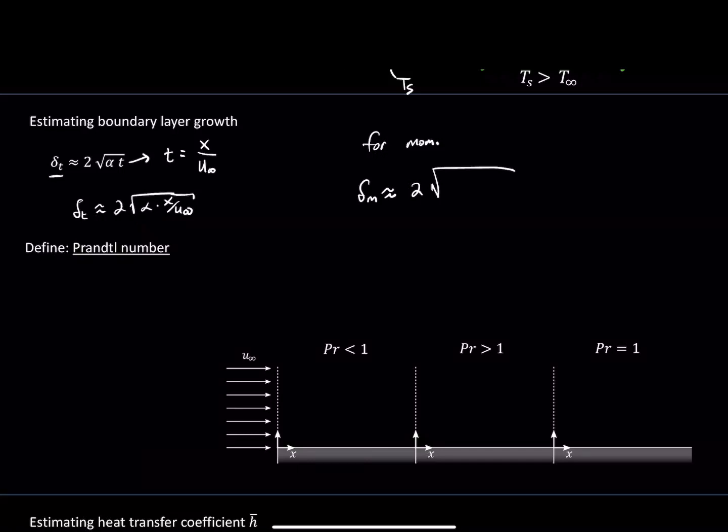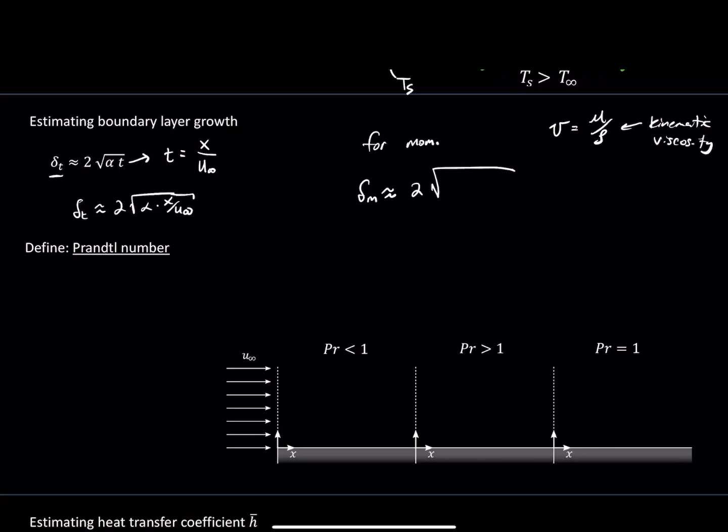There's an analogy for that in the velocity or momentum domain, and that is the kinematic viscosity. So this nu, I'm going to write it like this, so note the double hat. So nu is equal to mu over rho. That's our kinematic viscosity.